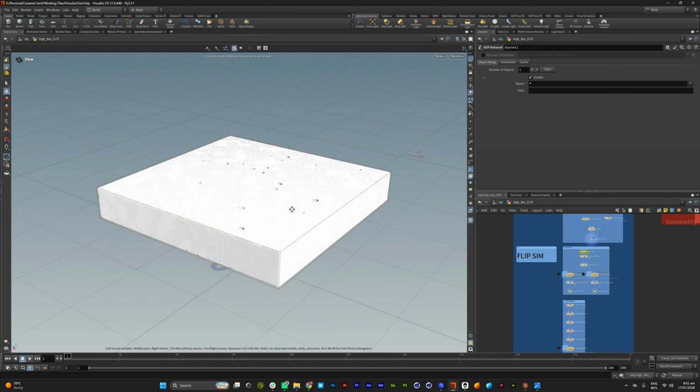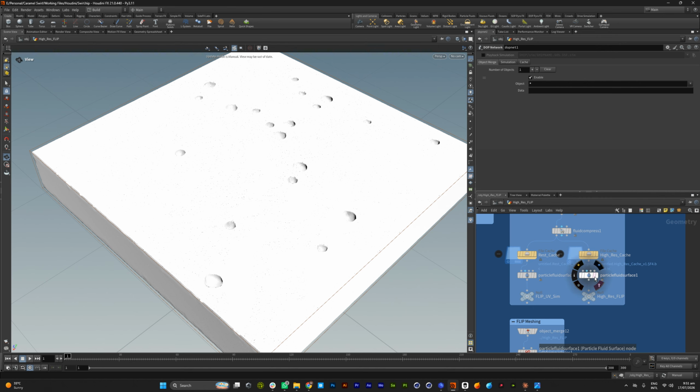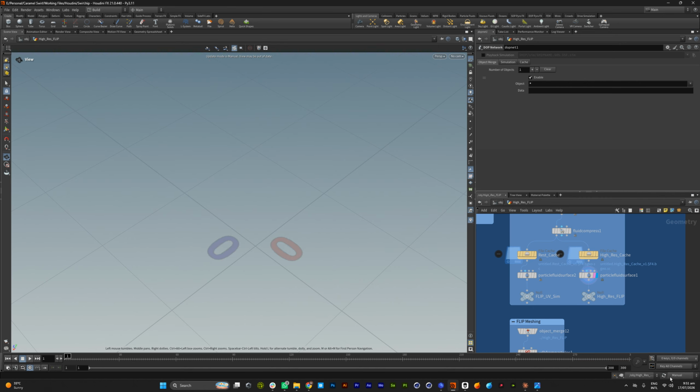Now, once this was done, I got my high res flip sim, and if I come up here, this is going to take some time, so bear with me. I think this cache was about a terabyte in total for 300 frames.